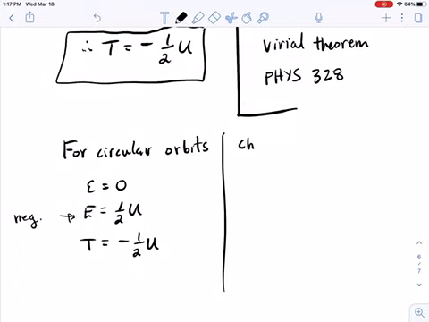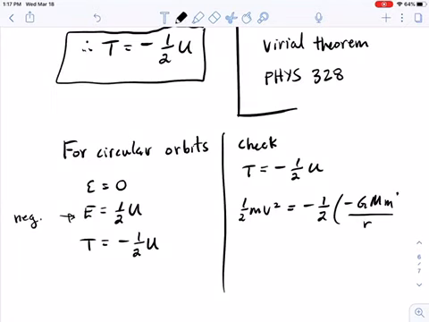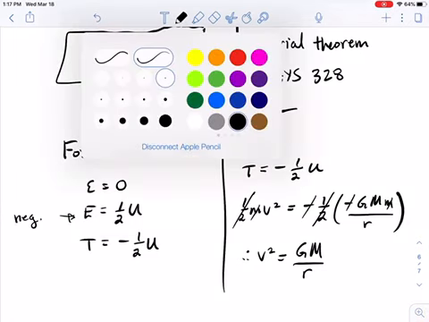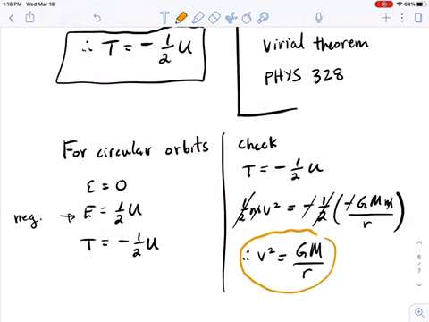Let's do a little quick check. The check we can do is to see whether this result makes any sense. Kinetic energy is 1/2 mv squared. The potential energy is minus GMm over r. Okay, so we cancel the 1/2s, we can cancel the little m, and we can cancel these negative signs, and therefore we get v squared is equal to GM over r, and that should correspond to something that we've already calculated.